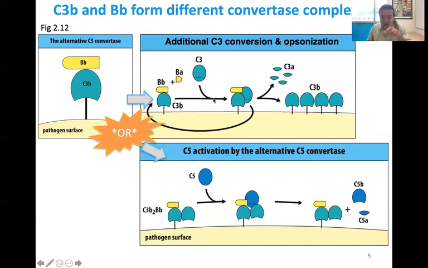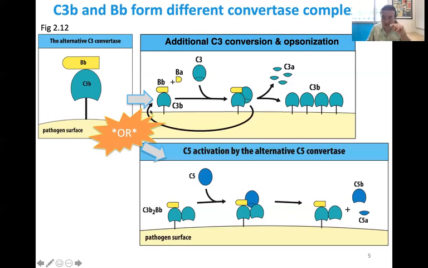That means at any given moment, starting from here, you can go in this direction or you can go in this direction. But keep in mind that both of these happen very rapidly, right? So after either of these is done, you have the freed up C3b BB again.